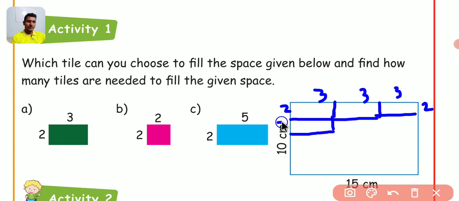This is 2 centimeter, this is 3 centimeter, 3 centimeter, this is what? 2 centimeter.